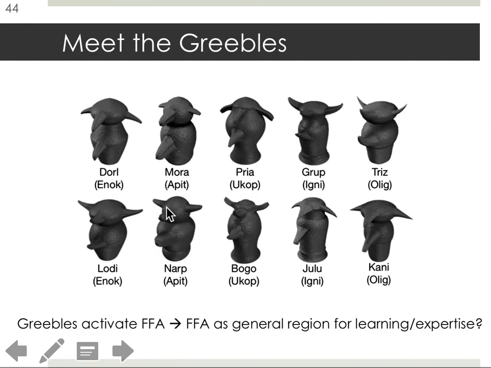And it turns out that after being trained on the discrimination or categorization of the different greebles, people showed FFA activity in response to the greebles. So this ends up being very elegant evidence for the FFA as a pretty domain general region for learning and expertise.